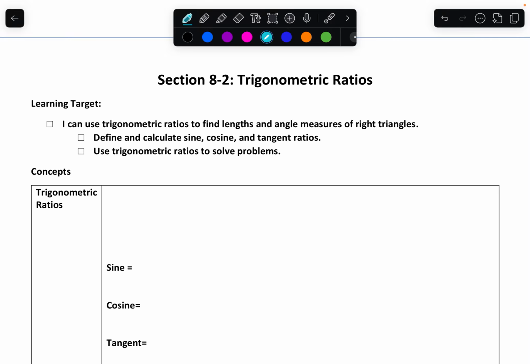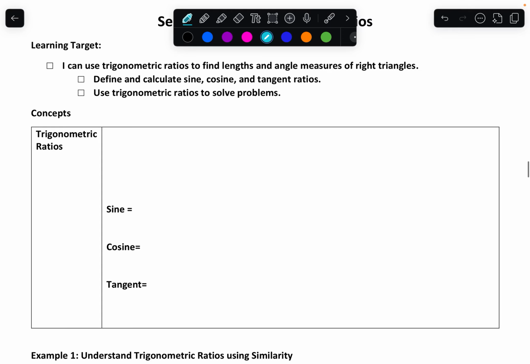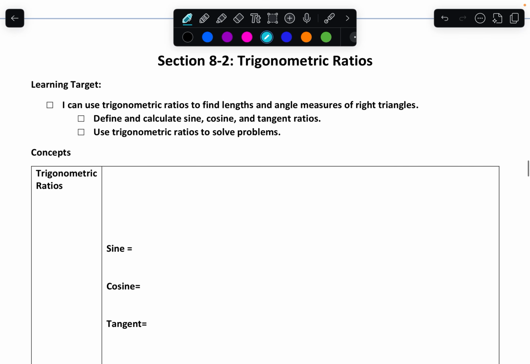So the first thing I have to tell you today is that calling those special right triangles was kind of a lie. There's nothing special about special right triangles, and instead, they happen to be common right triangles. So we talk a lot about 45, 45, 90 right triangles because we see them a lot. We talk about 30, 60, 90 right triangles because we see them a lot.